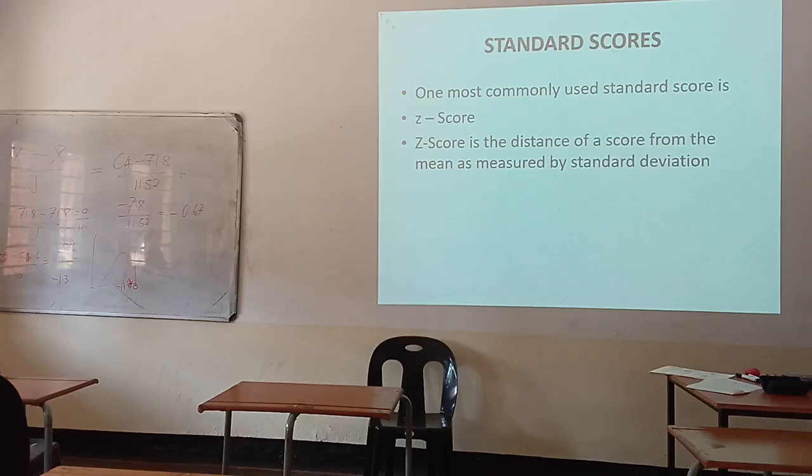And that's what we were doing there. Measuring the score, the distance it is from the mean as measured by the standard deviation. You can say the same by simply saying the deviation score divided by the standard deviation.